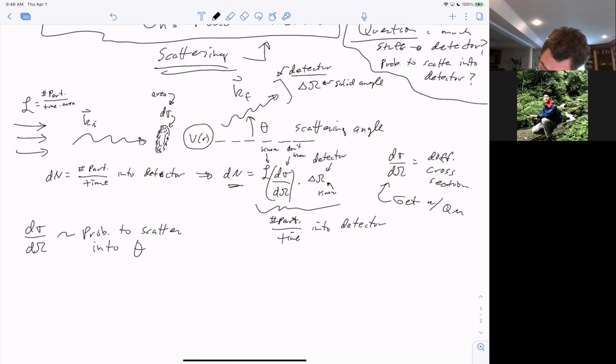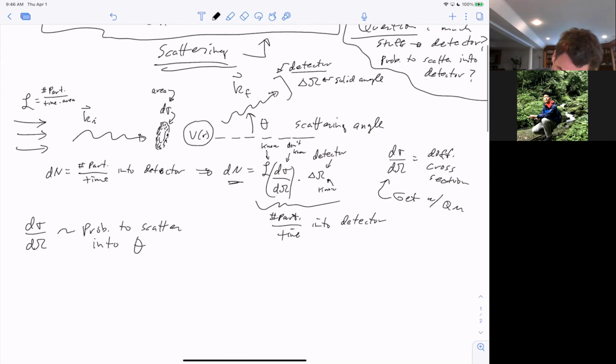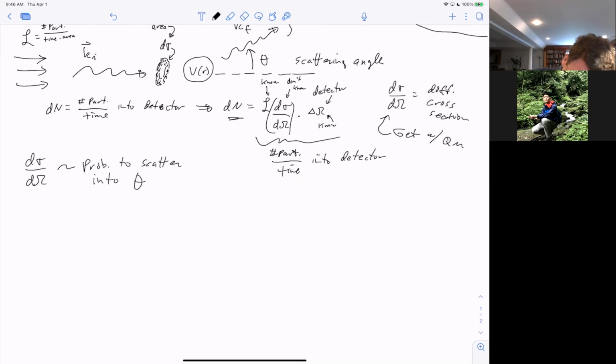And so then what is d sigma d omega? How do you get it? Well, I always like to start from this very simple equation, dN equals L d sigma, luminosity times area is number of particles per time.